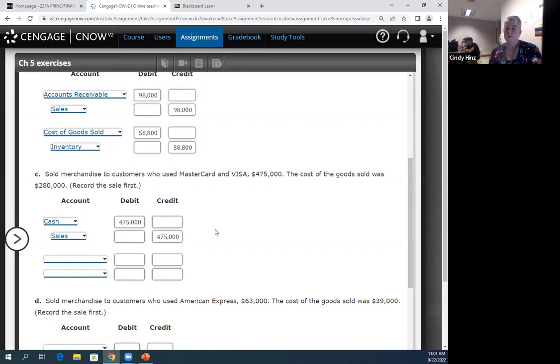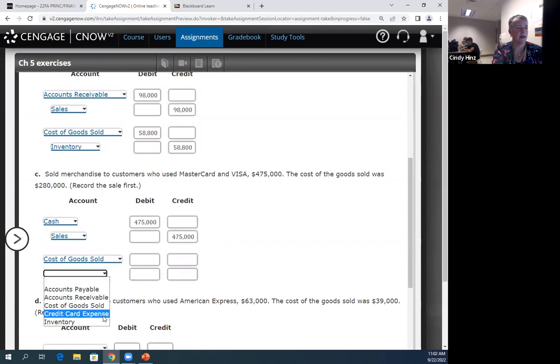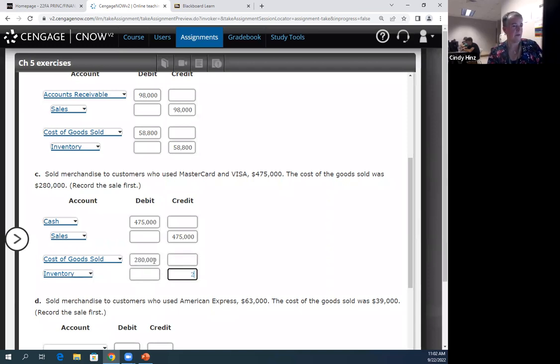But we know as we continue on in business that we are going to receive a bill for the fees associated with that. The cost of goods sold was $280,000. So just as we've done in the past two pieces, we need to reduce or relieve the inventory. And that inventory is based on the cost of the product to us.